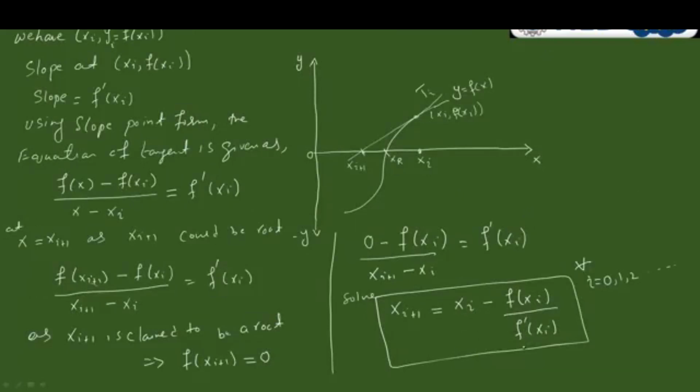Yes, the derivative appears in the denominator, and if the denominator goes to zero at any value of xi, this means the method fails to converge, because we know that dividing by zero gives infinity. So provided that at any calculation step f dash of xi must not be equal to 0. It is not in your control, you just start it. But if it goes to 0, then you have to restart your iteration.